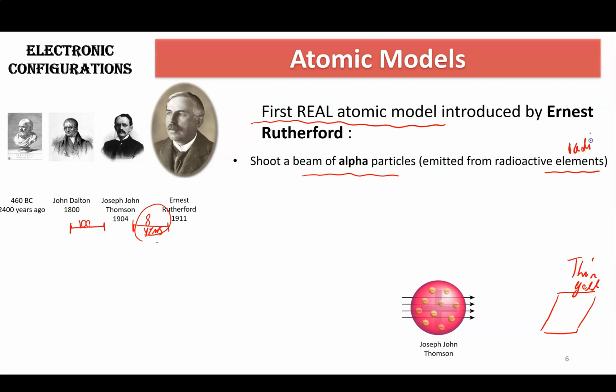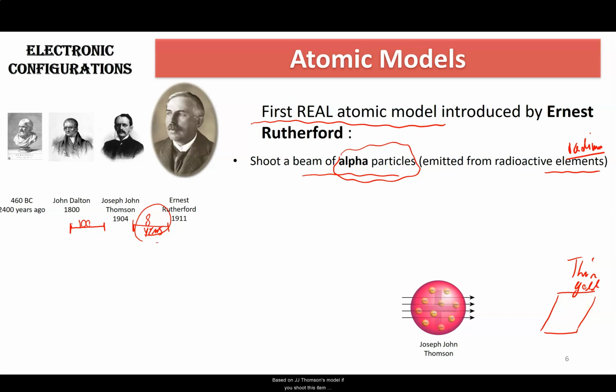This is a radioactive element, and he generated alpha particles. These are just some particles, and these particles have the ability to pass through a lot of things. And what he did is he shot this thin layer of gold with these alpha particles.